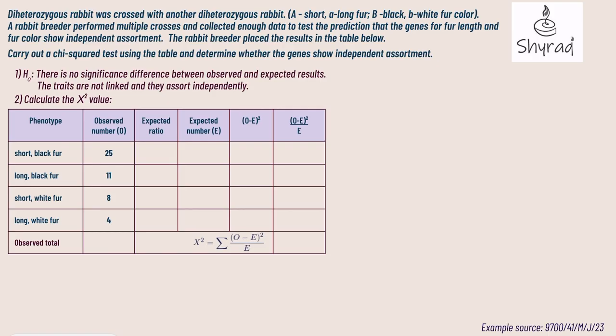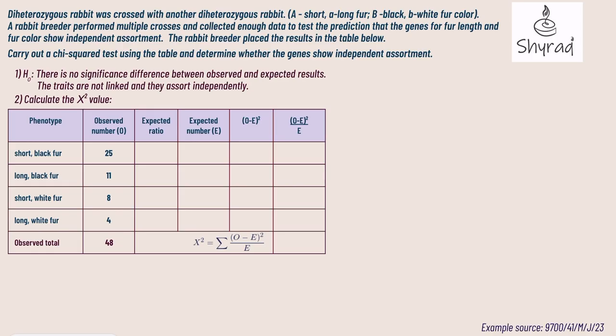The next step is to calculate the chi-square value itself. You can use this table as shown on the screen. First, in calculating the chi-square value, you need to find the observed total. The sum of all the observed numbers for individual traits will give us the observed total.